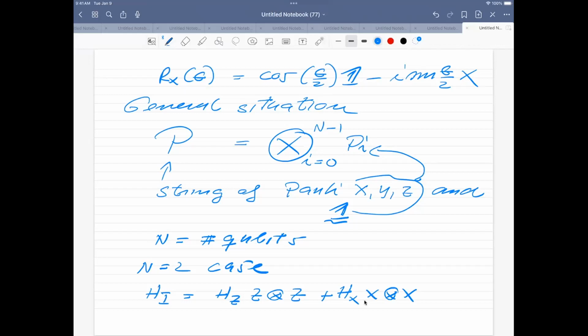What I have in addition to that is a part called H0. Let me quickly remind you of that one. This is just the diagonal part of that matrix.